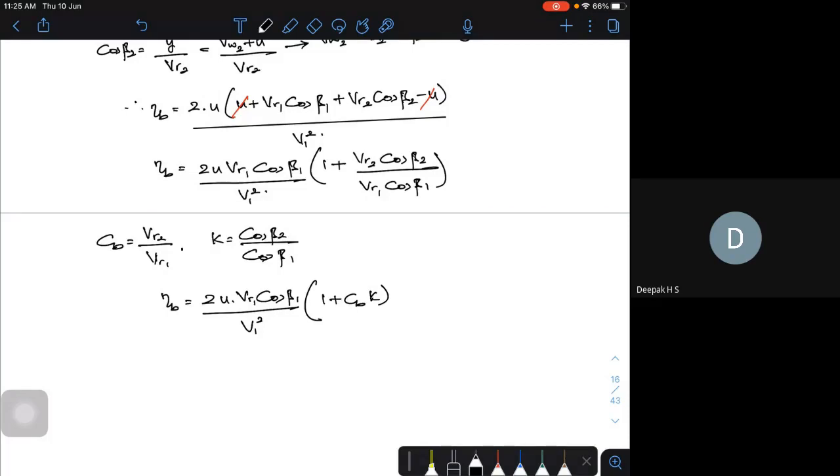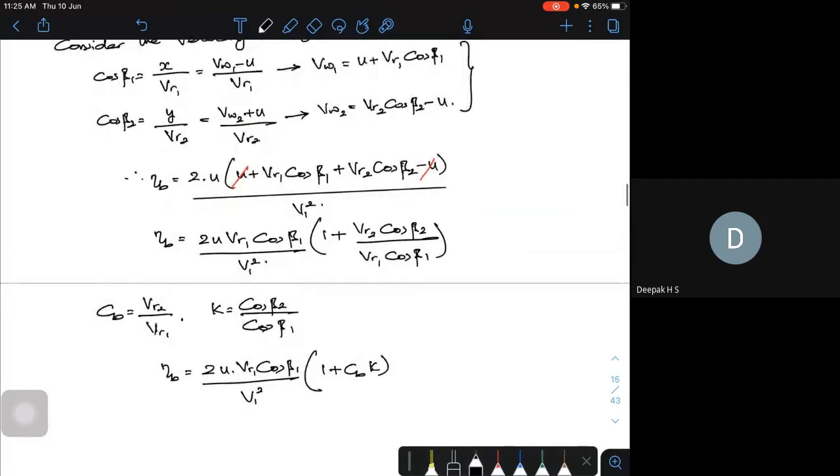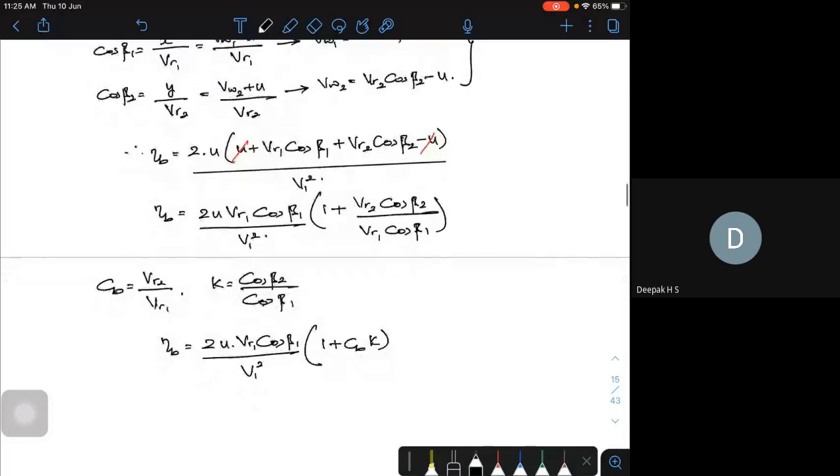Now, what is this V1 square? Since beta 1 and beta 2 are usually very small, VR1 cos beta 1 is equal to V1 cos alpha 1.